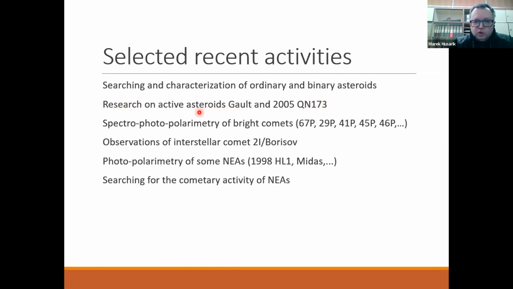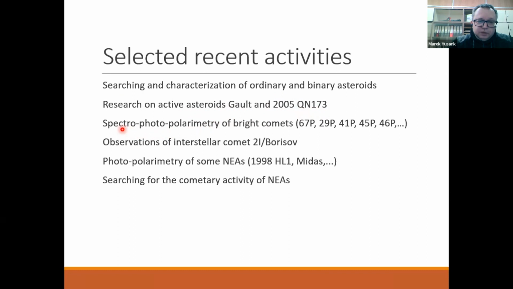A few years ago, we studied the activity of the asteroid Gault, and now we have on the table another active asteroid, 2005 QN173.